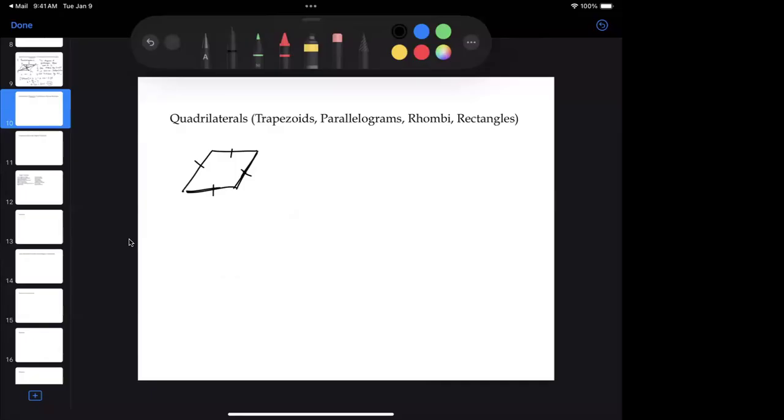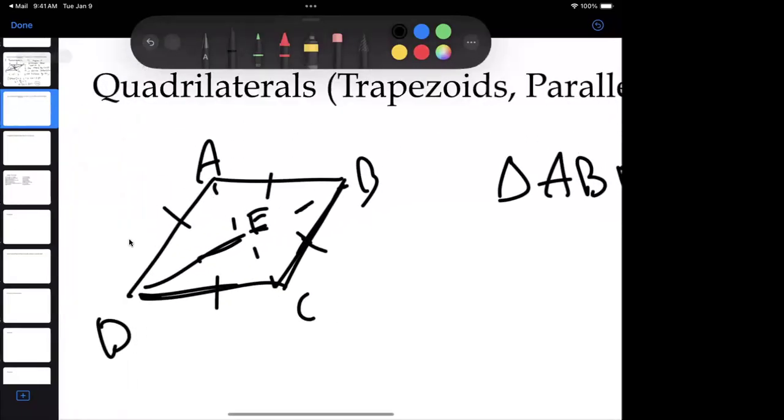That means the area of a rhombus is fairly easy to calculate. If this is ABCD and the diagonals meet at E, then triangle ABE is congruent to triangle CBE, congruent to triangle CDE, congruent to triangle ADE, right?